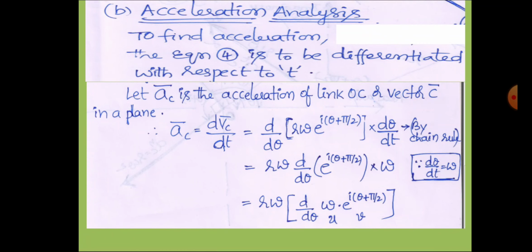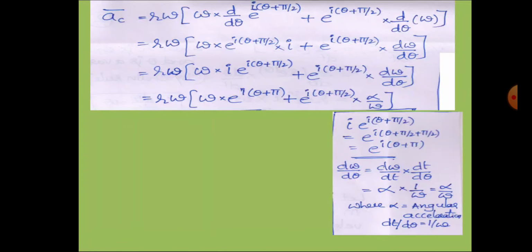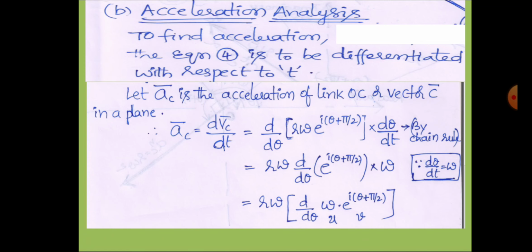So further R omega as it is into now d by d theta of this which is in the form of uv. So R omega into u as it is first, that is omega into d by d theta of v. What is v? e power i of theta plus pi by 2, plus v as it is, e power i of theta plus pi by 2 into d by d theta of u, that is nothing but omega.